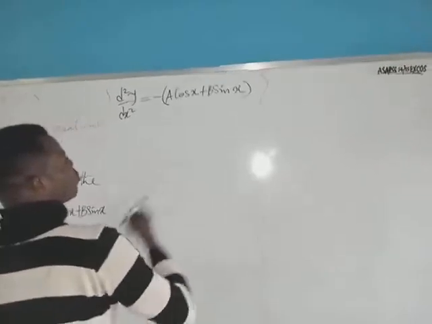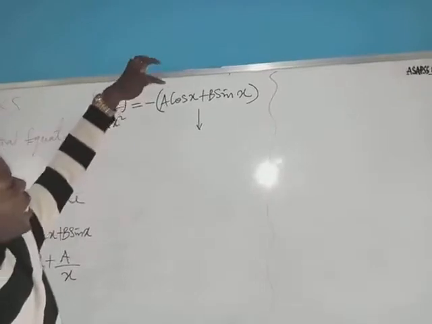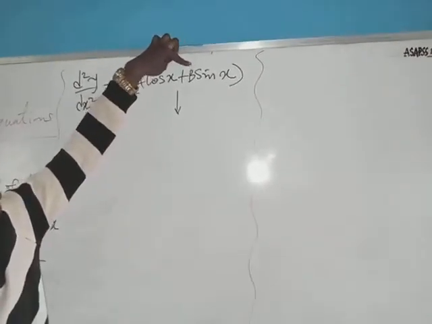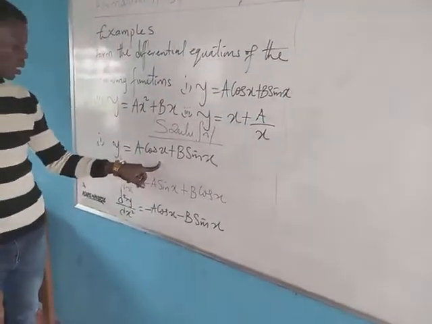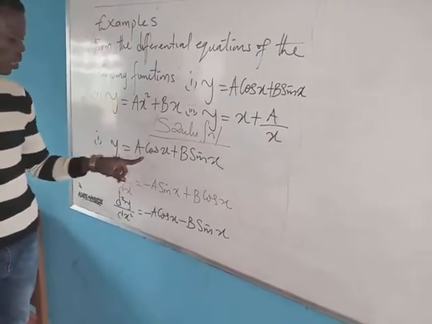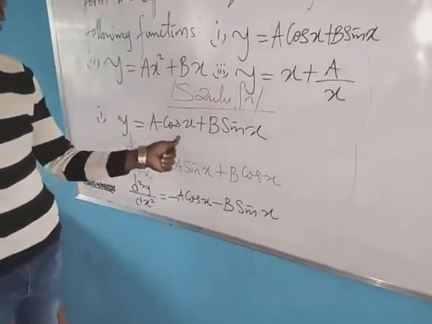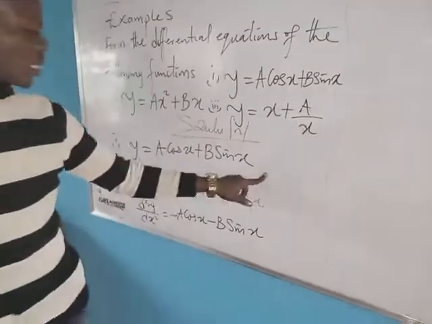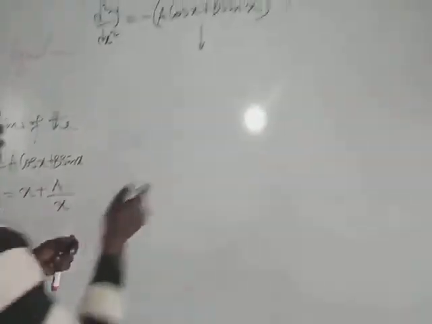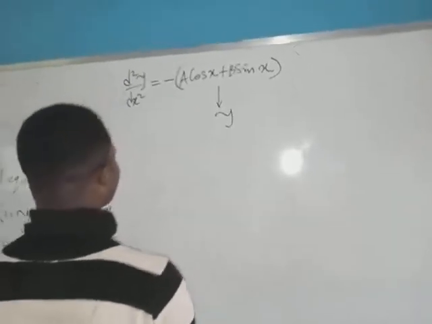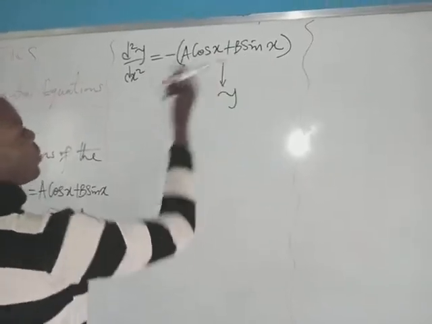If you look at this, you discover that A cos x plus B sin x is still the same thing as the original function given here. That is, y is equal to A cos x plus B sin x. Instead of repeating A cos x plus B sin x, we can easily write this as y. Then we need to stop here since we cannot find A and B anymore.